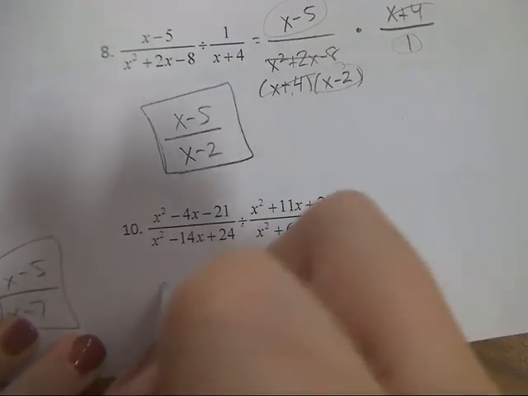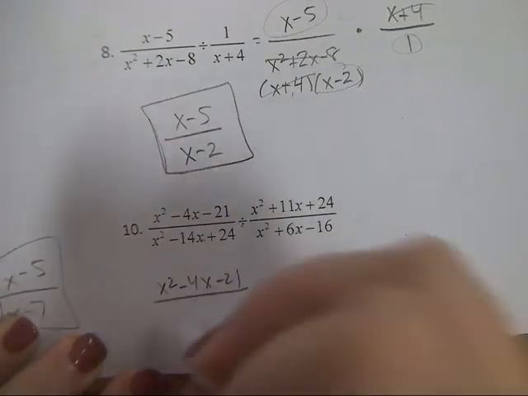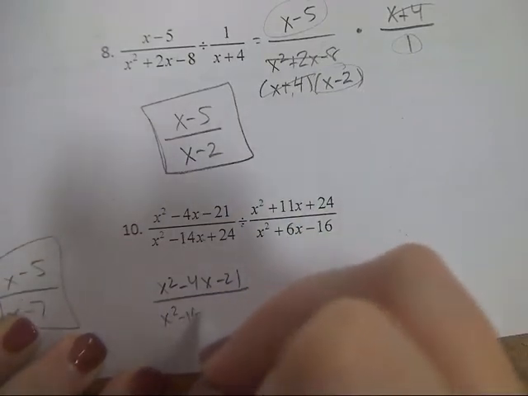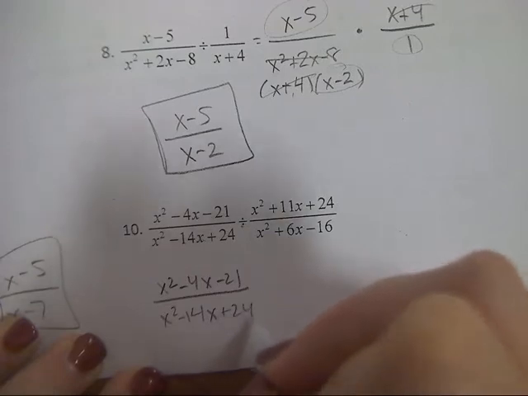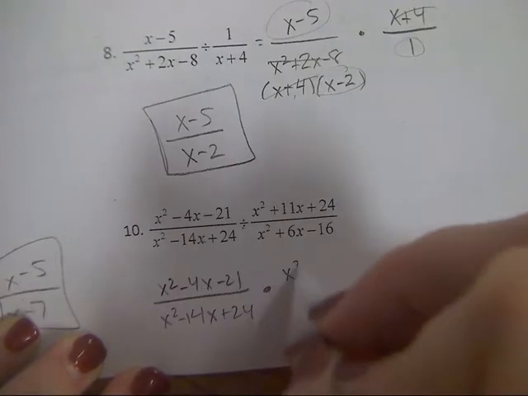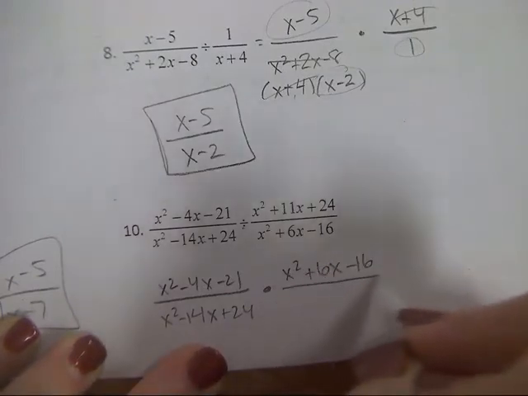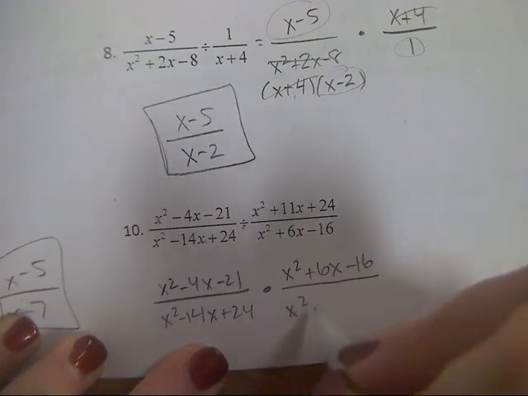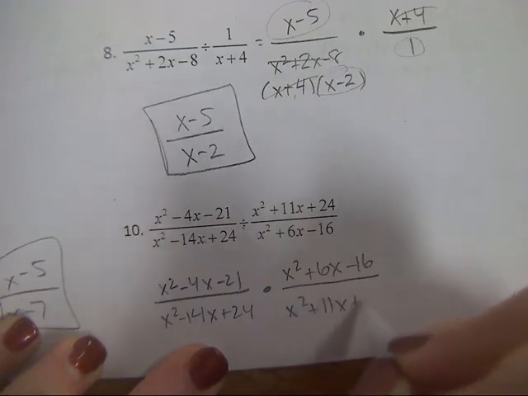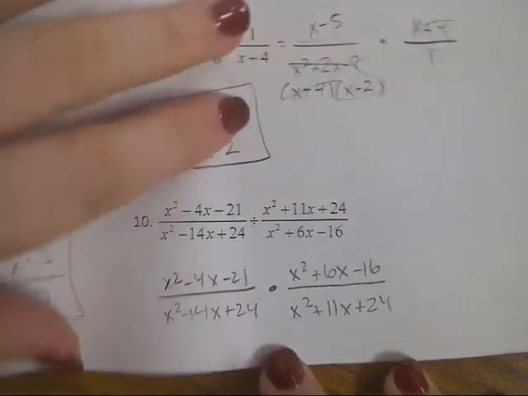So keep this the same. x squared minus 4x minus 21 over x squared minus 14x plus 24 multiplied by, flip these two, x squared plus 6x minus 16 over x squared plus 11x plus 24. All right, now let's do all that factoring.